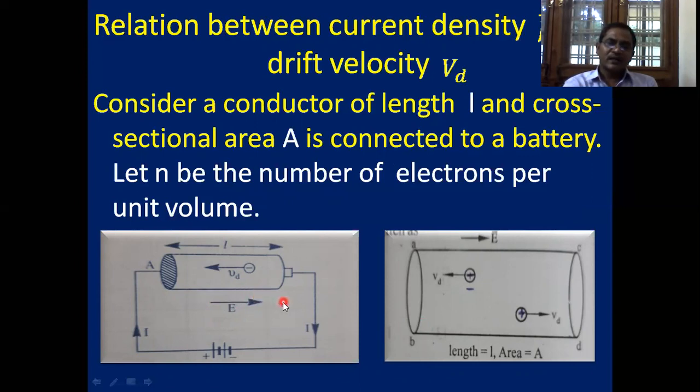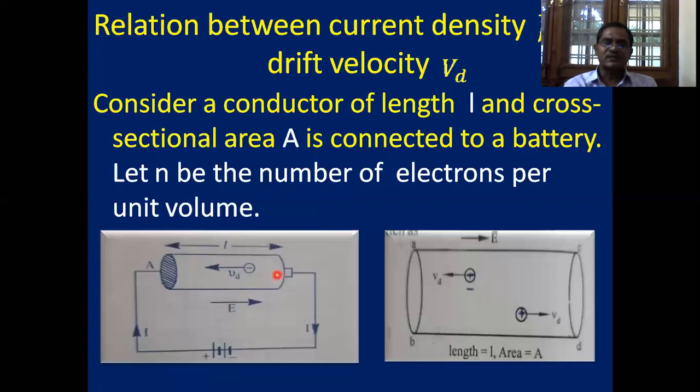Here the electrons are moving from the negative terminal to the positive terminal. Then the direction of flow of positive charge is from left to right. So the direction of positive charge carriers is from left to right, and the direction of negative charge carriers is minus to plus. Of course, here we consider a metallic conductor, where the free electrons are the charge carriers.